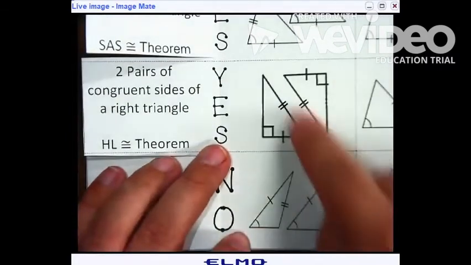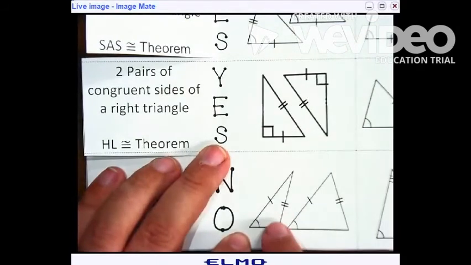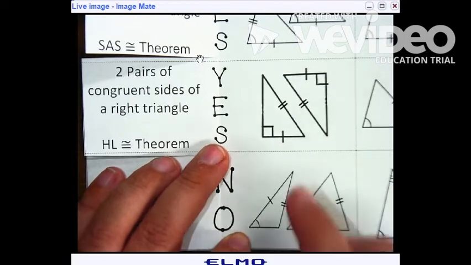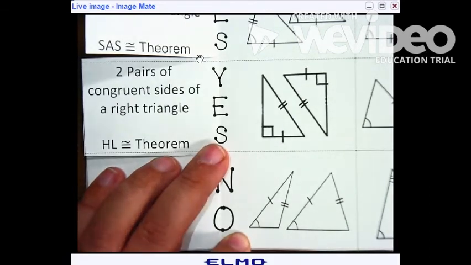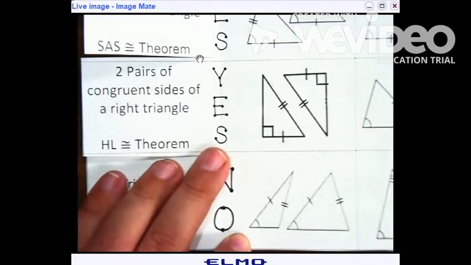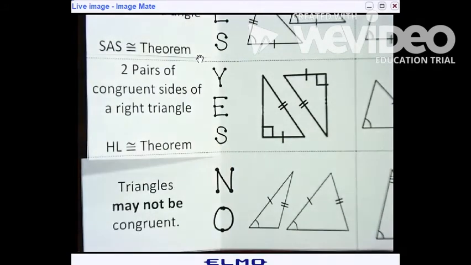We've got two sides and an angle that's not in between the two sides, so I thought we said that didn't work. Well, it doesn't unless it's a right triangle. That's the only way this will work, if this is a right triangle. So hypotenuse-leg congruence works, side-side-angle does not.